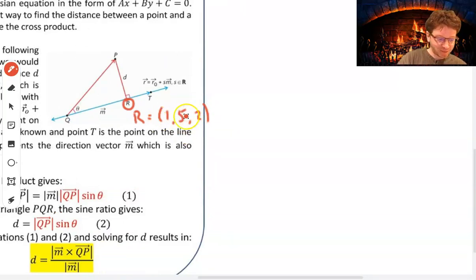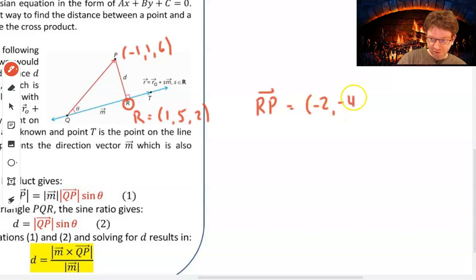Now that we know what that point R is, all I need to do is figure out the magnitude of RP. So RP, and if you remember, P was minus 1, 1, and 6. So RP, just take the difference in their coordinates and you get minus 2, minus 4, and 4.